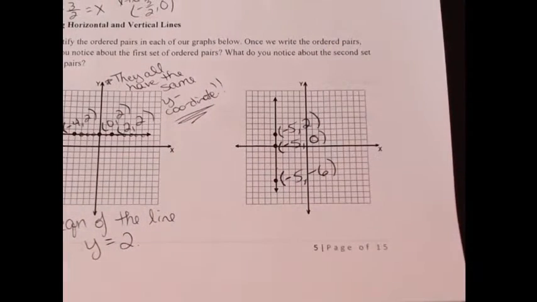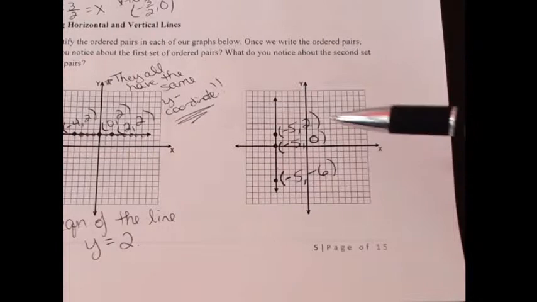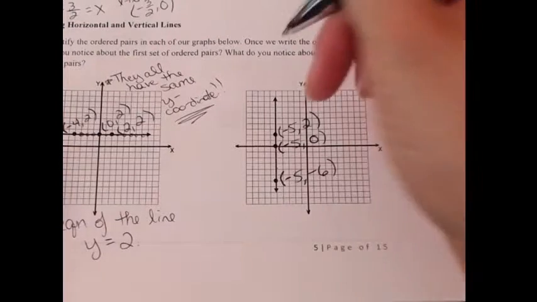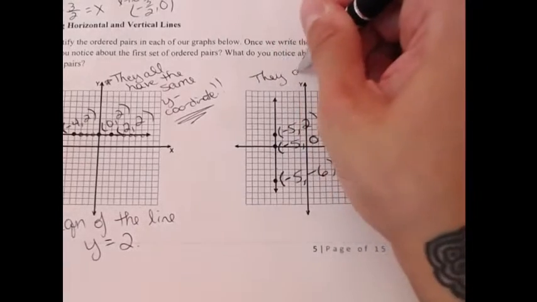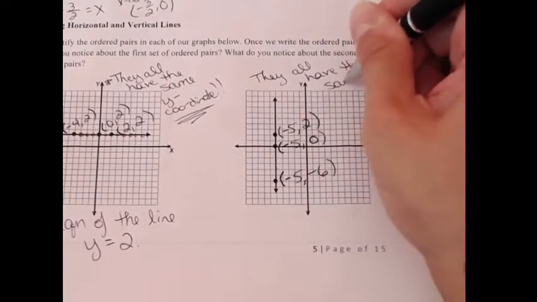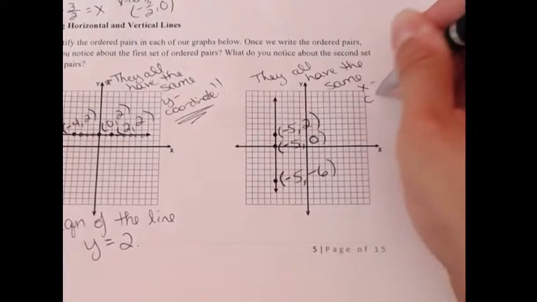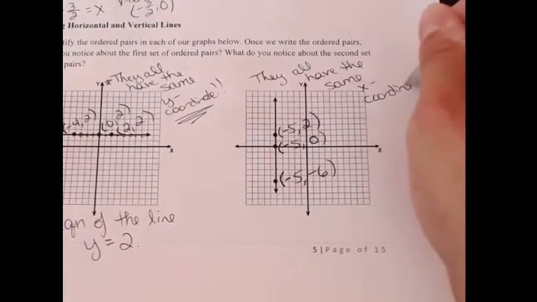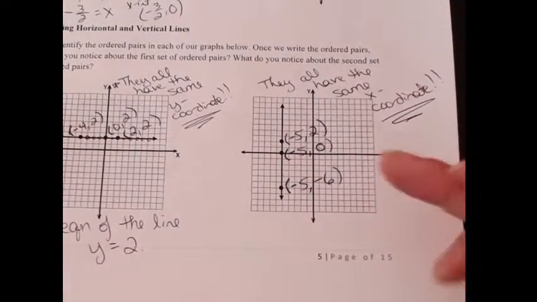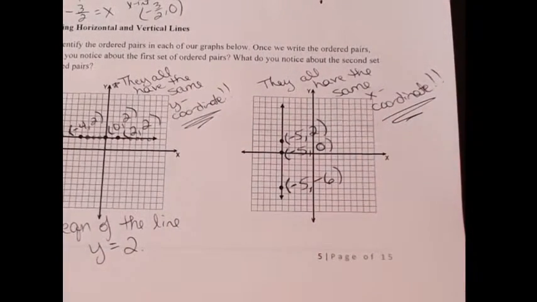What do you notice? Oh, each of these ordered pairs, -5, 2, -5, 0, -5, -6, they all have the same x coordinate. They all have the same x coordinate this time.